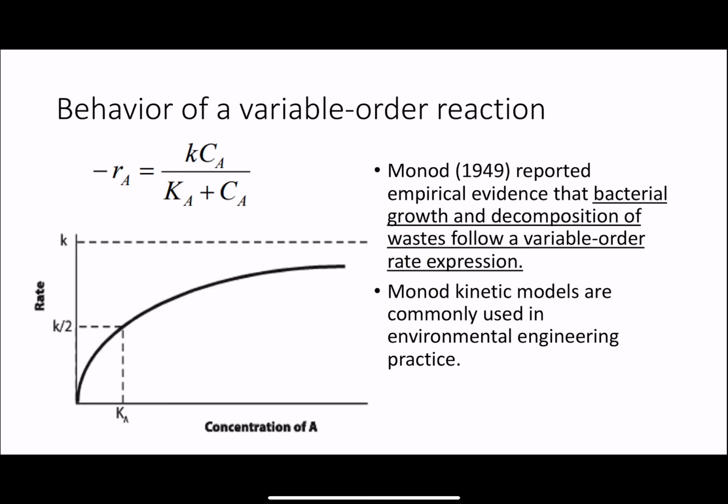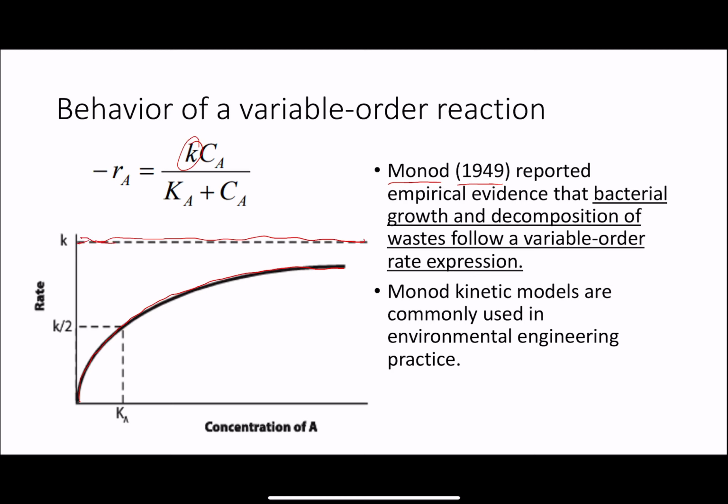This behavior was described by Monod in 1949, which gave evidence that bacterial growth and decomposition of waste follow a variable order rate expression. So you can see that as you increase the concentration, the reaction rate will increase until it reaches a maximum, and this maximum is k, which is the optimum here.